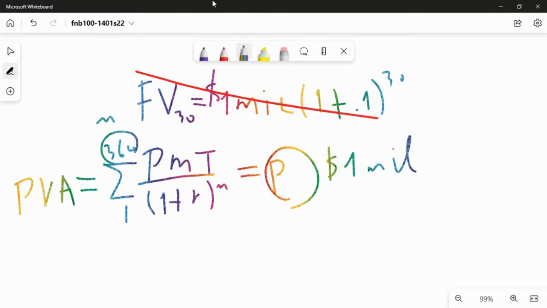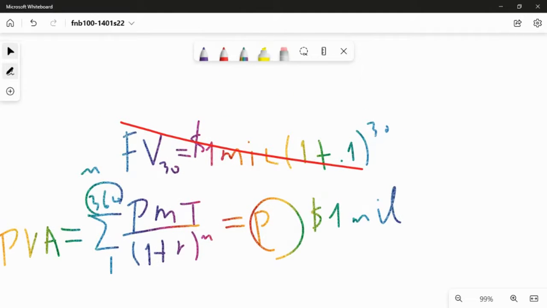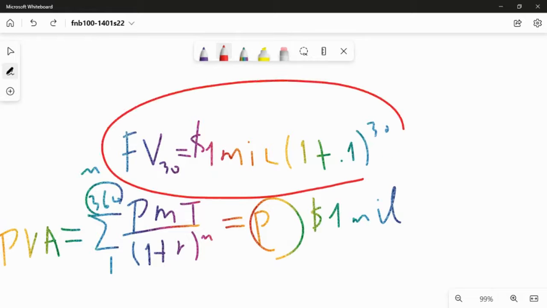So again, in reality, when you borrow money, this thing is not the model. This is actually the case of investing.